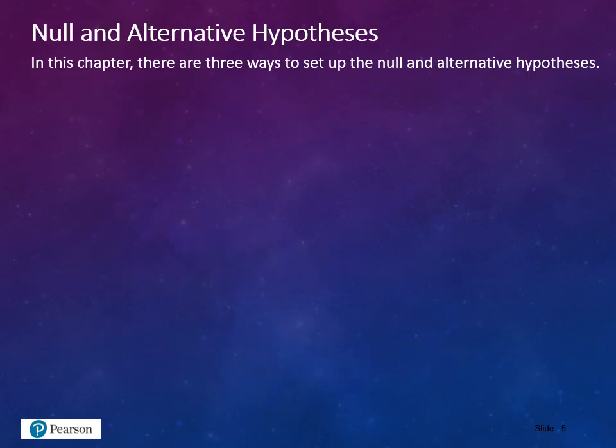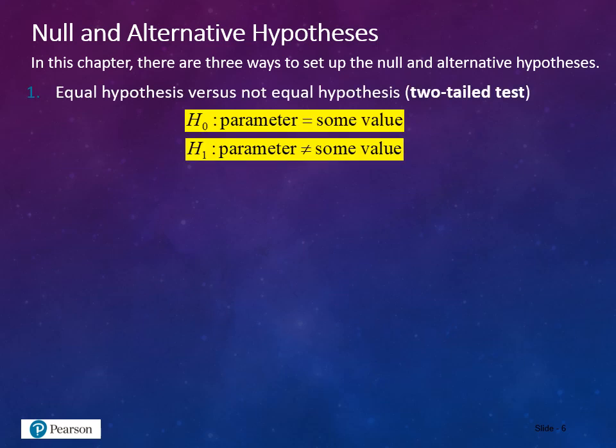In this chapter, there are 3 ways to set up the null and alternative hypotheses. So the first way is equal versus not equal hypotheses, okay? And this is when the null hypothesis says that a parameter is some value.